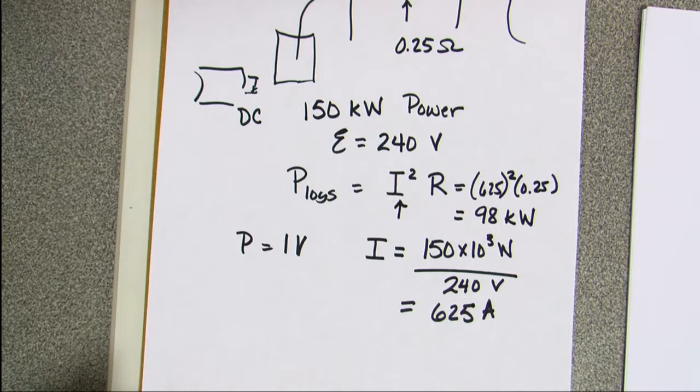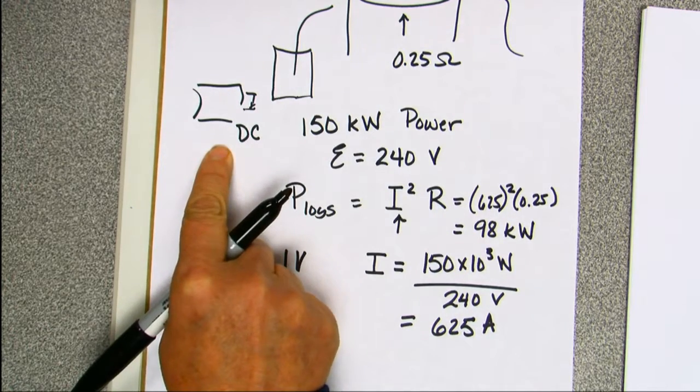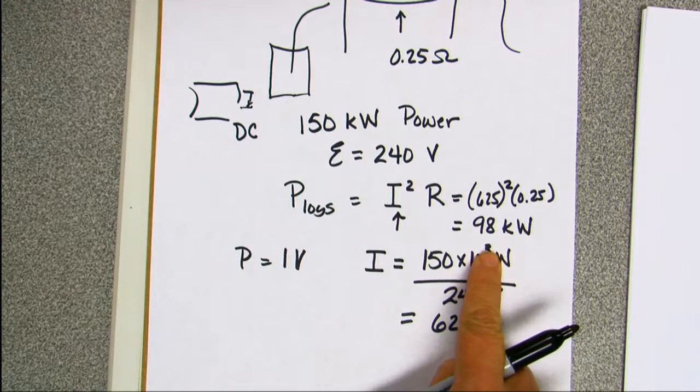Edison wanted to do DC current, and if he does DC current, I've got to have short power lines, and I've got to have DC generators essentially on every corner. Because I'm going to lose a heck of a lot of energy, a heck of a lot of power just in transmission.